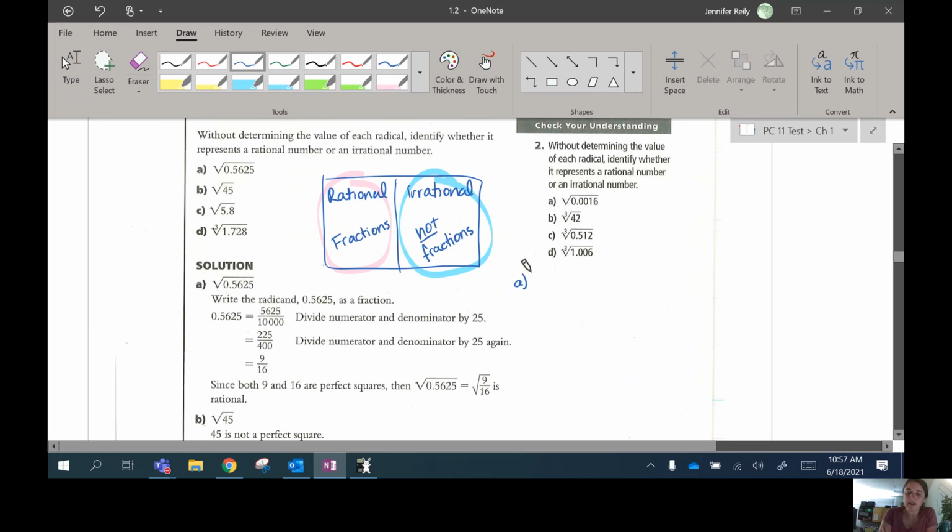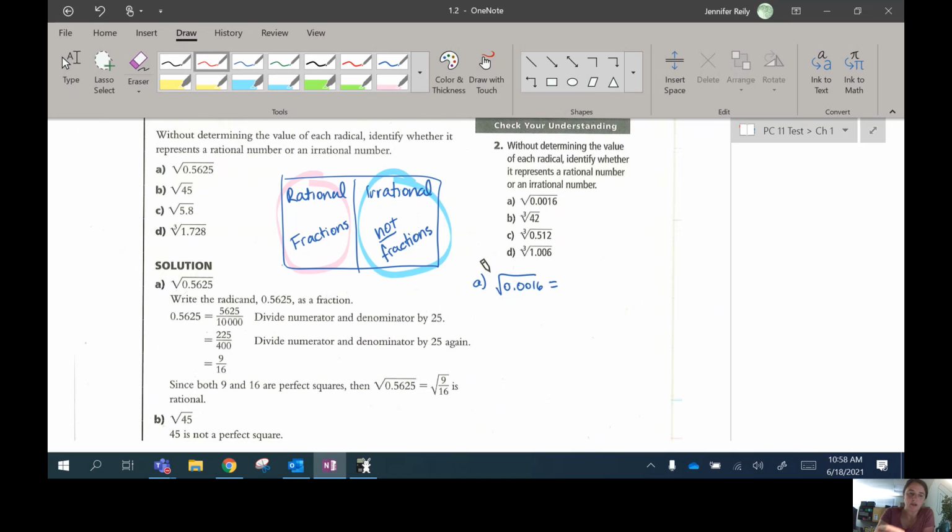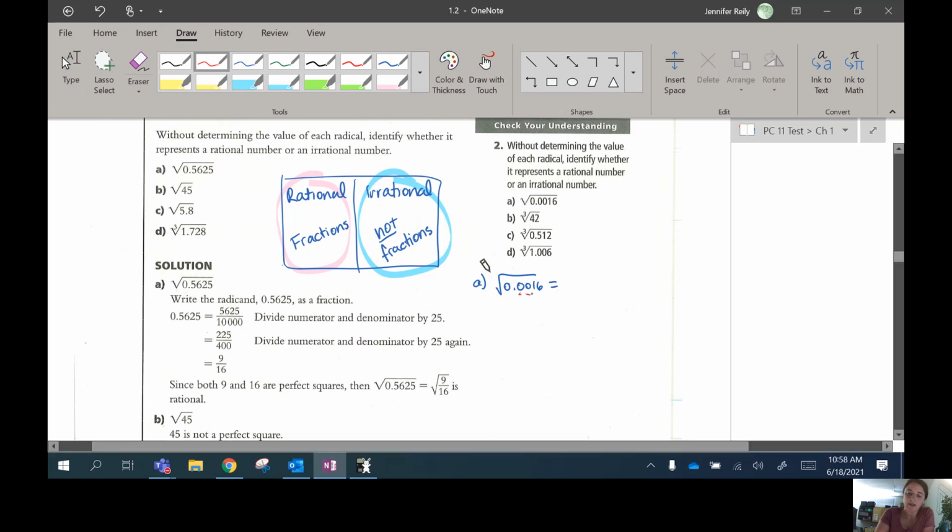Okay, so let's look at the first one here, 0.0016. It's easiest to look at this one if you write it as a fraction. So you can use that little trick I mentioned before. Just count the numbers after the decimal. So 1, 2, 3, 4. So 0.0016 is out of 10,000 with 4 zeros.